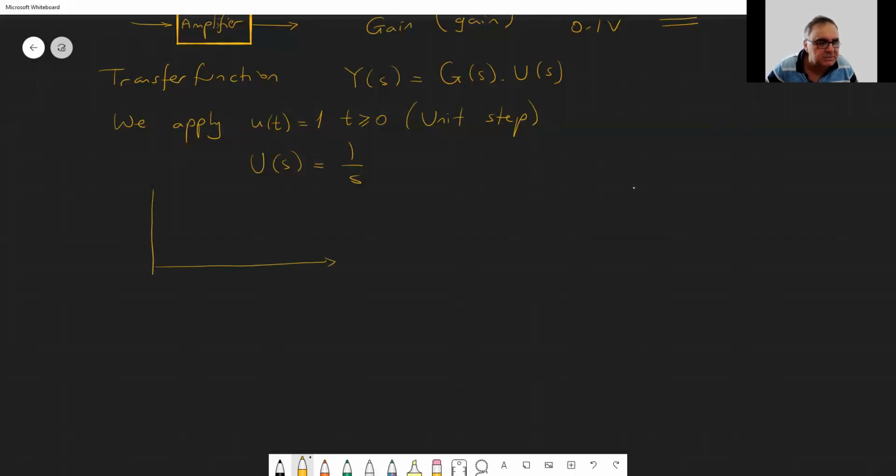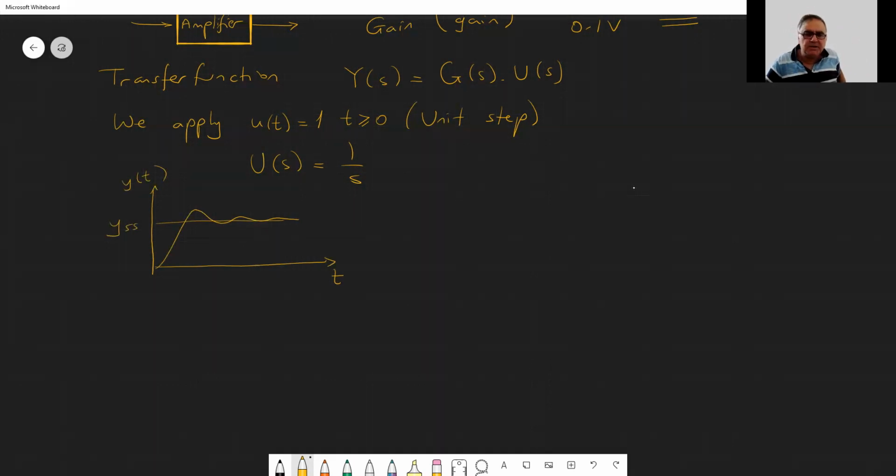If your system is stable, eventually the output y of t will come to the steady state value of y.